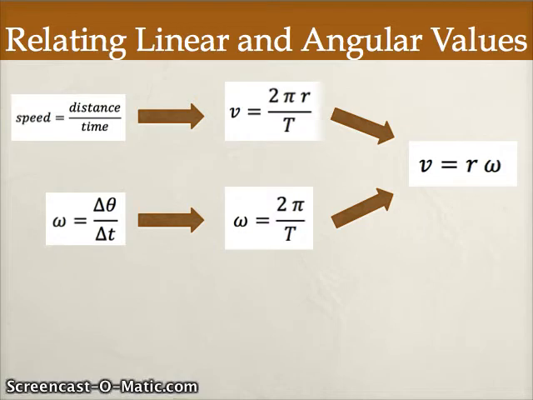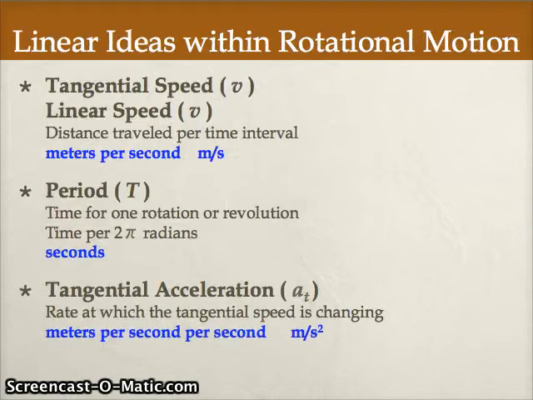So we can talk about a linear acceleration or tangential acceleration, as well as the angular acceleration. The tangential acceleration is denoted by a sub t, and it describes the rate at which the tangential speed changes, measured in meters per second squared, just like any other linear acceleration.